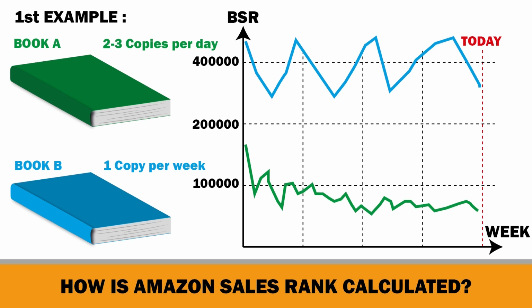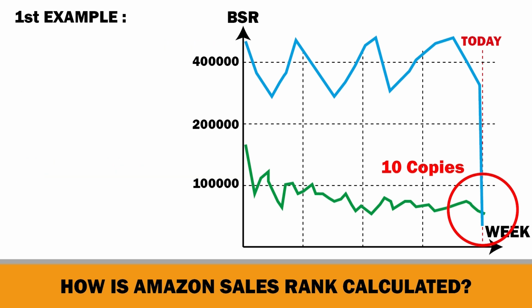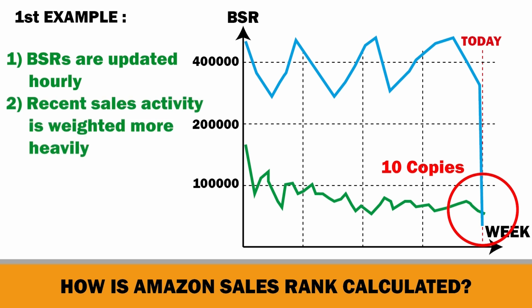However, if Book B manages to sell 10 copies when you are checking its BSR on a specific day, you may see that it has a lower BSR than Book A for the specific day and hour due to 3 reasons according to our lists. The first reason is that BSRs are updated hourly, and the second reason is recent sales activity is weighted more heavily.